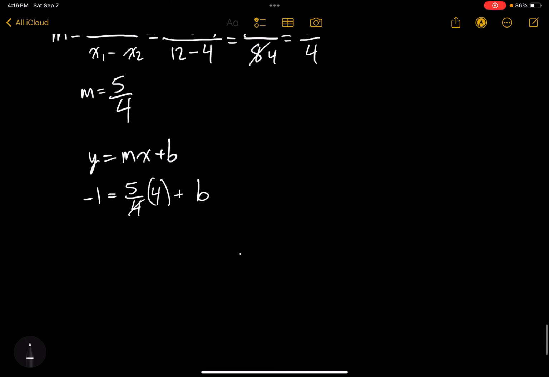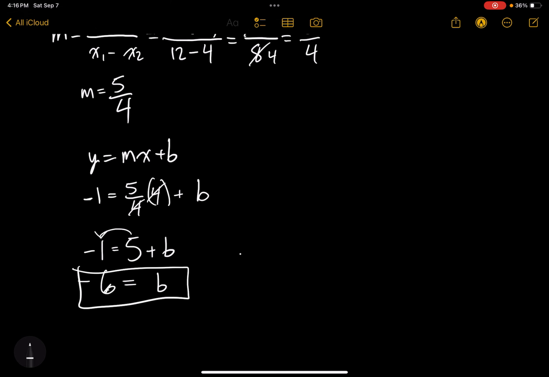Okay, so this 4 crosses out because it multiplied. Minus 1 equals 5 plus b. And so b ends up equaling, move this over there, minus 6.